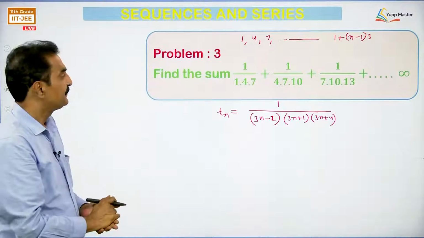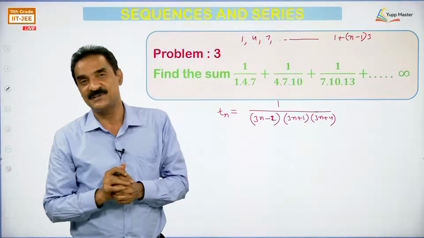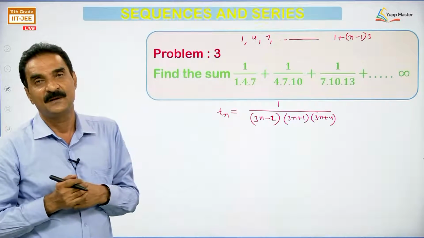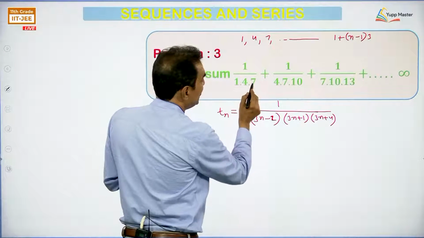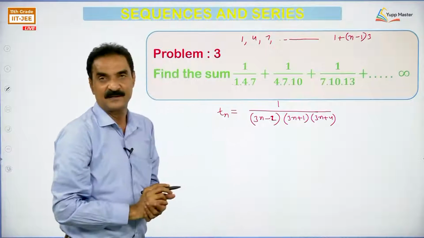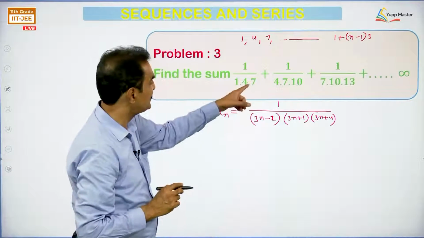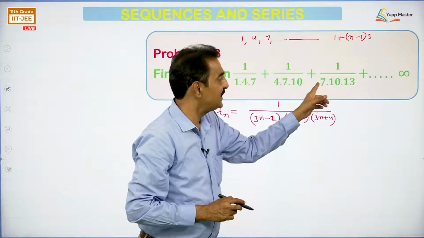Now, how to express this as a telescoping series? How to express every term as a difference? That is the question. In this question, you write the numerator as last factor minus first factor. Last factor minus first factor is how much? 7 minus 1, 6. Here 10 minus 4, 6. 13 minus 7, 6.